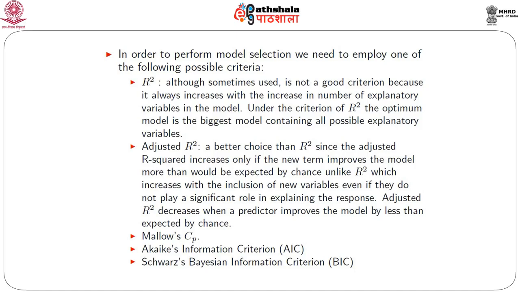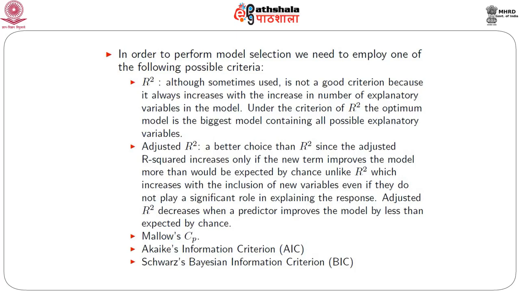Although this criterion is not a very useful one because it always increases with the increase in the number of explanatory variables in the model. Whether the included predictor variables are all significant or not does not count when it comes to R square. As long as we keep increasing the number of predictor variables, the R square is going to increase.